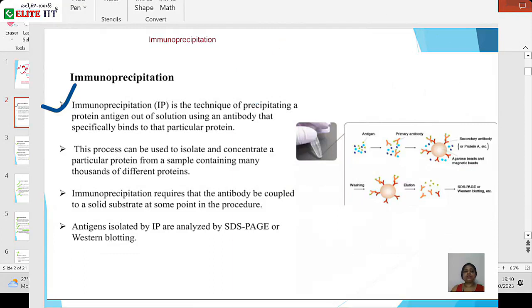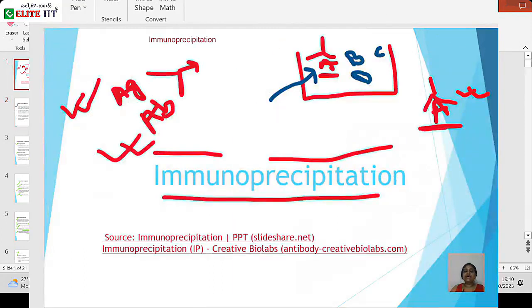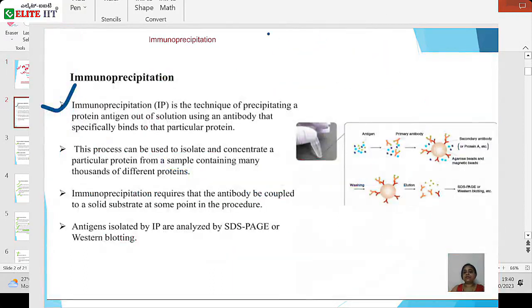Whatever I told you in my previous slide is exactly given here. If a mixture has multiple types of antigen and you want to separate your antigen of interest, you add an antibody against that antigen. This antibody will bind with the specific antigen and there will be precipitation.